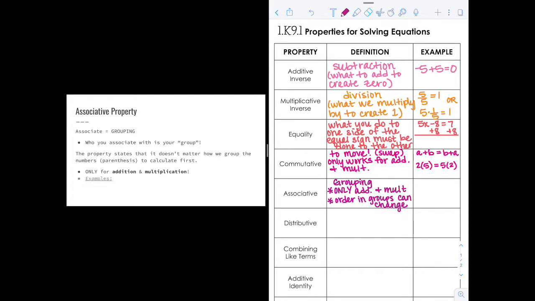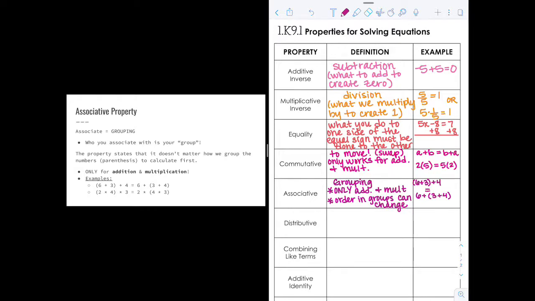So let's look at some examples to see what this looks like. If I have 6 plus 3, that's one group because they're in parentheses, plus 4, this can be rearranged. This equals 6 plus, now I can change where those parentheses are and do 3 plus 4 in a group, okay? A similar situation happens for multiplication.